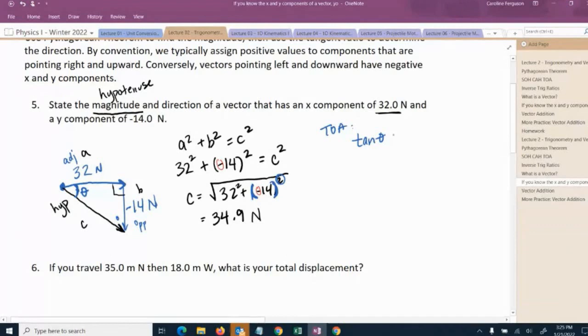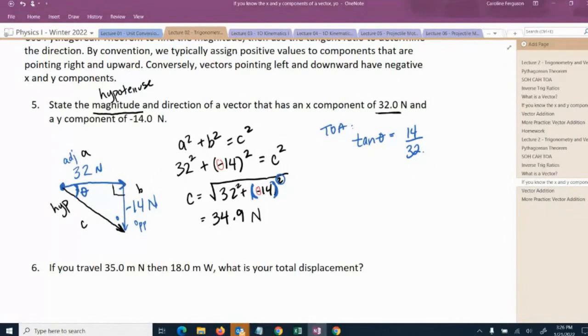So tan theta equals opposite, which is 14, over adjacent, which is 32. Notice I'm not putting a negative in front of the 14, because if I did, I would be finding not the acute angle but an obtuse angle. We don't have to go back into the CAST rule in trigonometry.